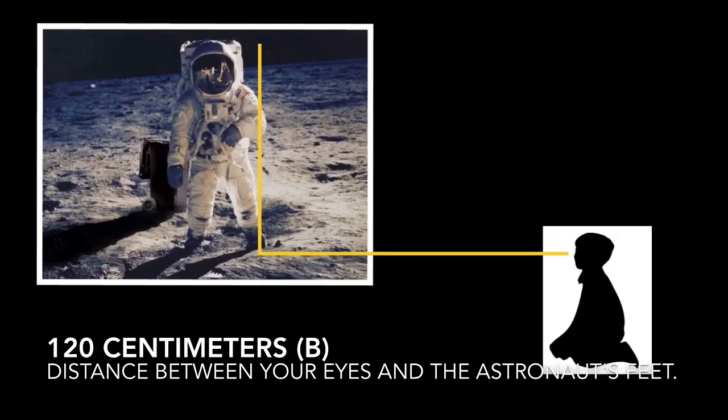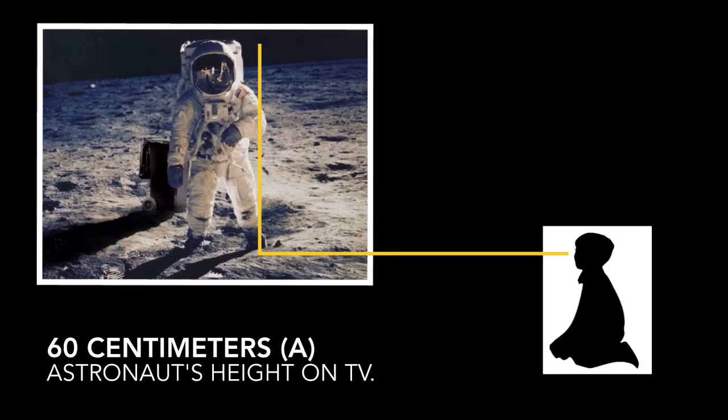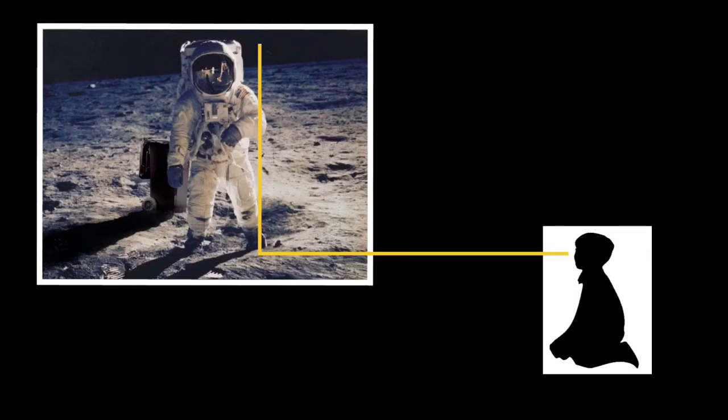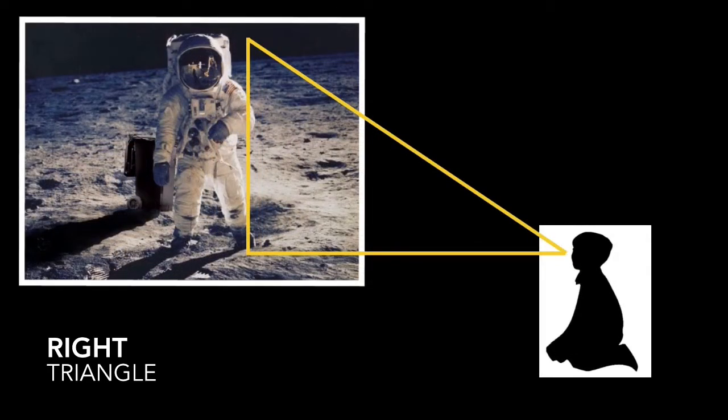Now let's say that the distance between the TV and yourself is 120 centimeters long, and the astronaut is 60 centimeters long on your TV. So we have two sides of our new triangle, and what we're trying to find is the distance between your eyes and the top of the astronaut, that would be above his helmet.